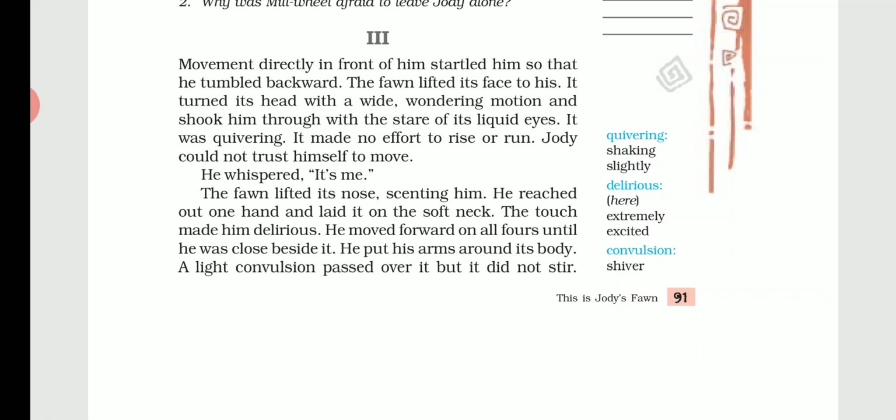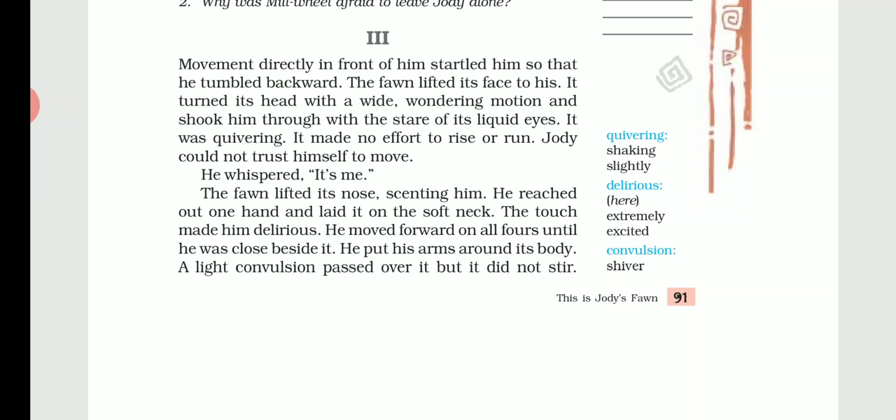In this part, Jody was shocked after experiencing some movement in front of him, as he fell backward. It was the fawn. The fawn lifted his face with a wide and wandering motion to see Jody and stared at him with his liquid eyes, which left Jody shaken. So what happened?